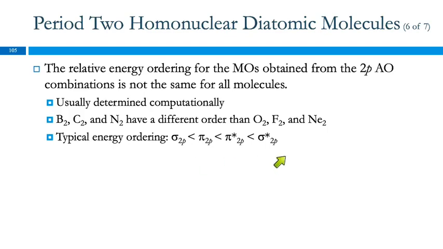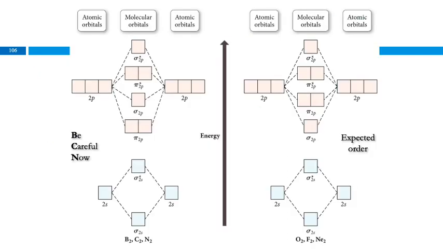The typical energy ordering is this one. This is what you could consider normal. Sigma bonding is the lowest. Sigma anti-bonding is the highest. They're at extremes. And then pi bonding and pi anti-bonding are in the middle. So when we draw that out, this is the expected order.